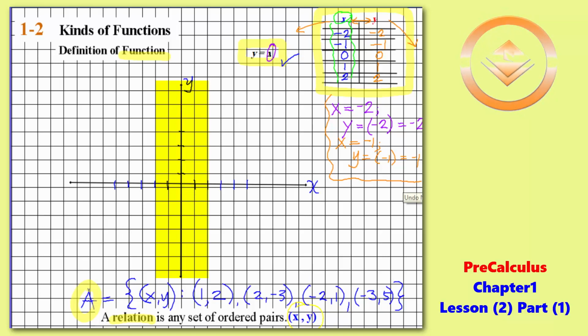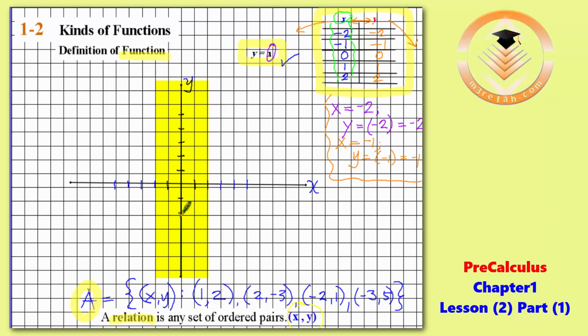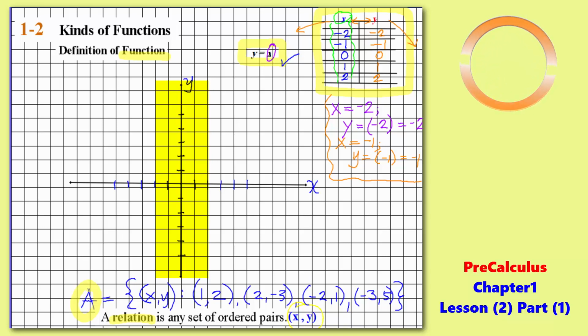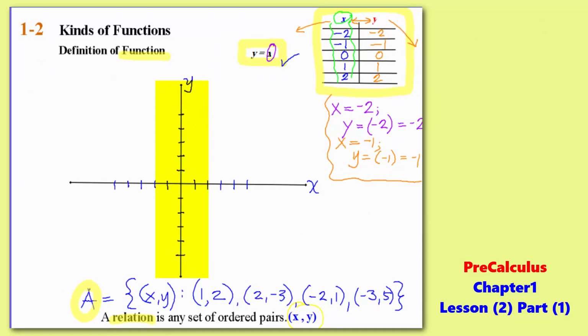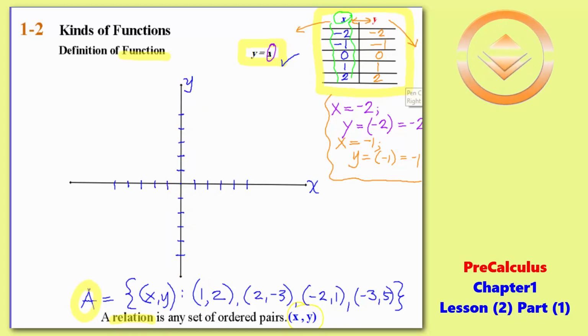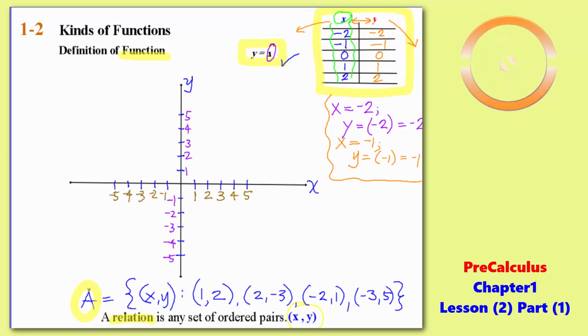Now we have the scales, so let's label. This is 1, 2, 3, 4, 5. Now I am done with the labeling of the numbers.